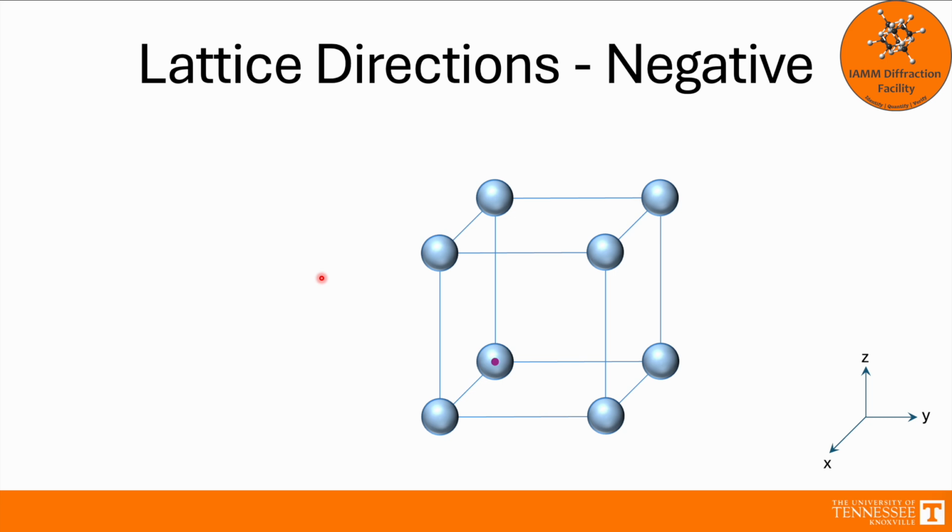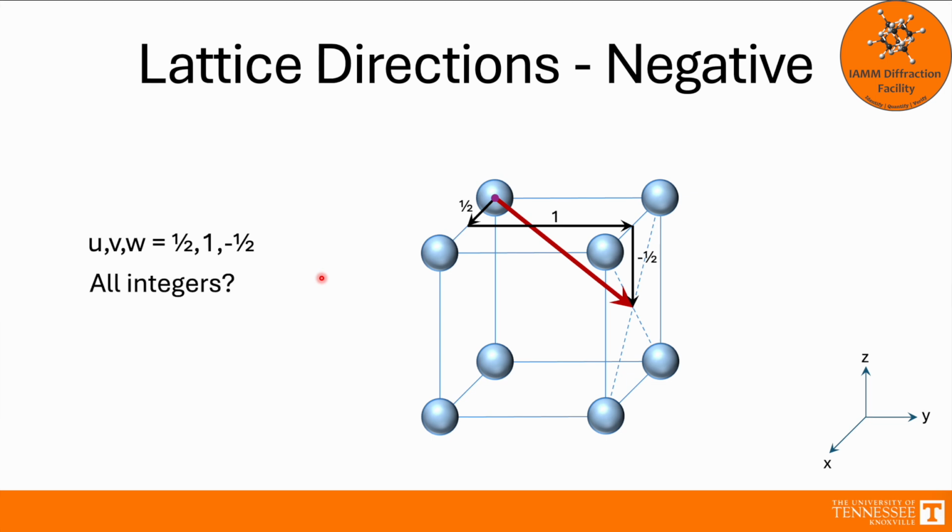Now what happens if we have our origin up here and we are still looking at that same endpoint? Well, now we need to move half in X, 1 in Y, and -1/2 in Z. That gives us these coordinates that are not all integers, so we need to multiply by 2 to get 1, 2, minus 1.